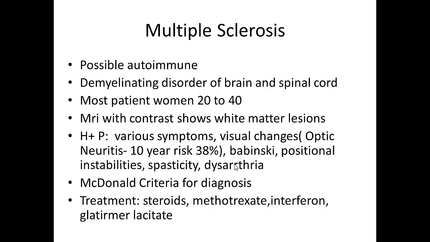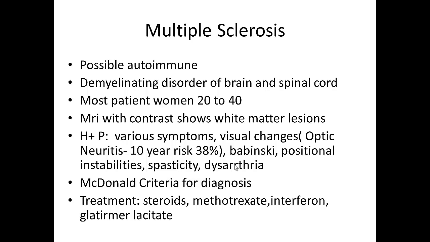Multiple sclerosis is another disease of neurological background, and they believe that this demyelinating disorder is a possible autoimmune disease. Most patients will be diagnosed between the ages of 20 and 40. The MRI is really the diagnostic tool that shows white matter lesions.